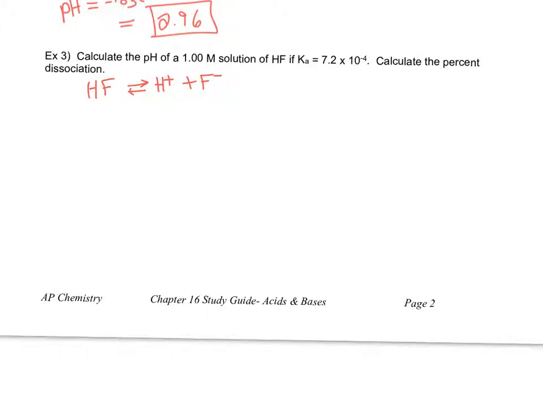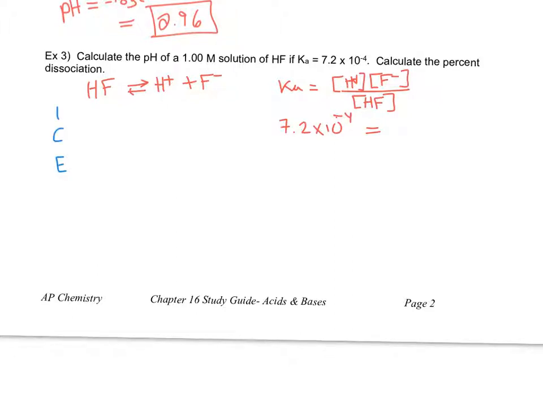I'm given the Ka, so probably a good idea to write the Ka expression. H plus concentration times the F minus concentration over the HF concentration. And I know that this is 7.2 times 10 to the negative fourth. I don't know much else. The only thing else that I'm given is the initial concentration. So it looks like this needs an ICE chart.